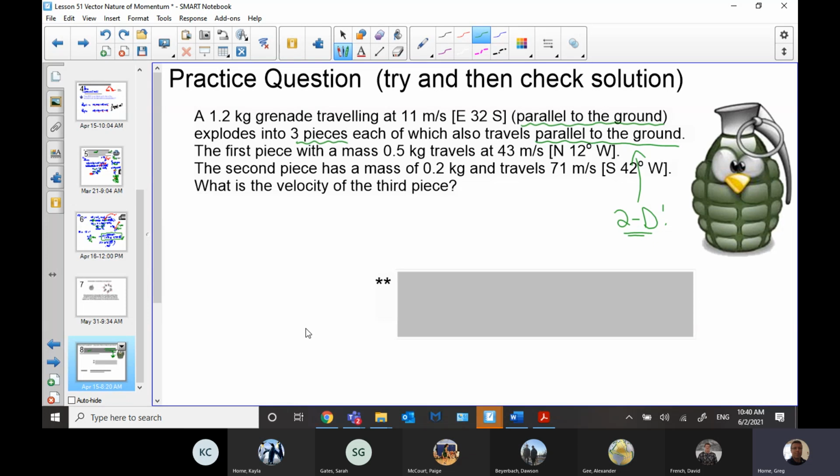So it could be like it was sliding along ice with its initial velocity, along the ground, no friction, and then it explodes into 3 pieces, one going left and one going right and one going at other angles, but they're all still going parallel to the ground. So that makes it a 2-dimensional case, which makes it something that we're ready to tackle.